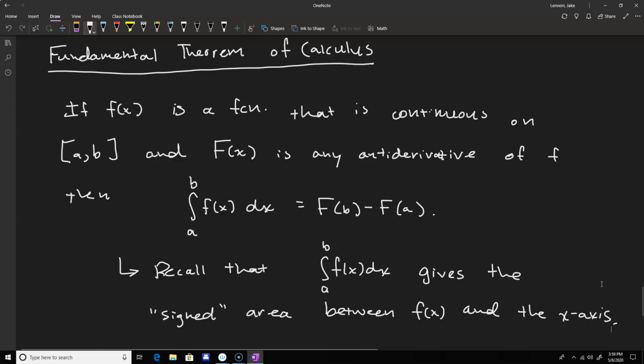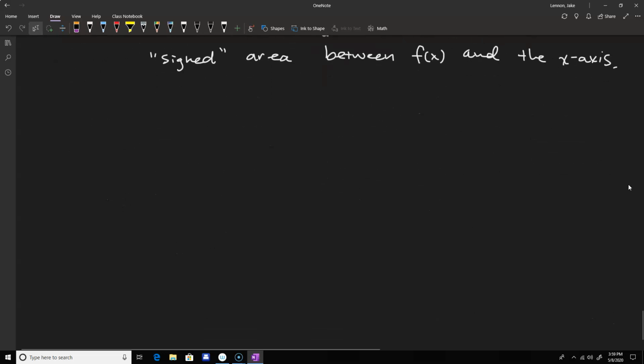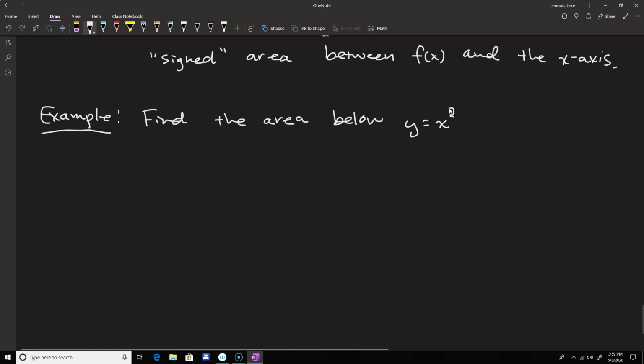So let's see how this works in a very concrete example. The example we want to look at, we could say find the area below y equals x squared from x equals 1 to x equals 3.